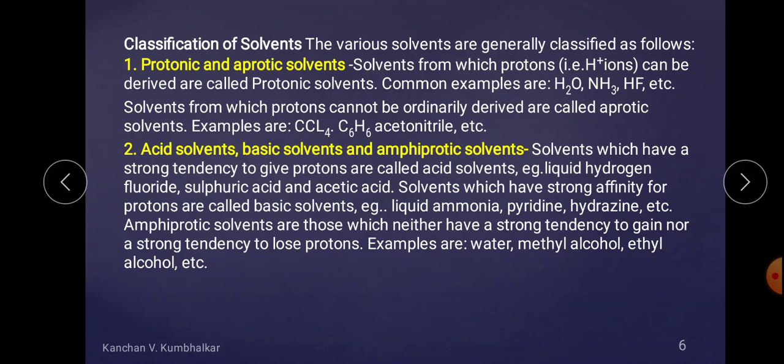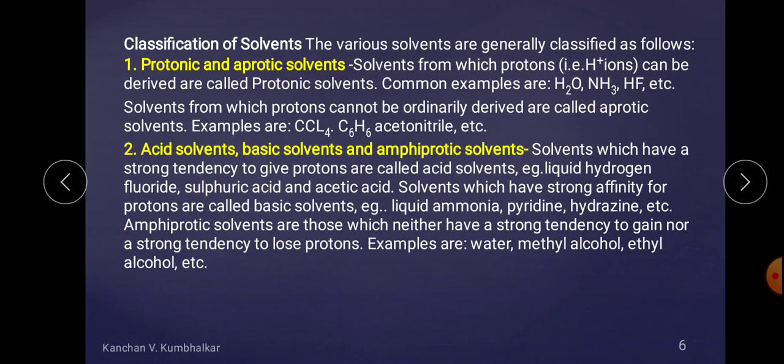The amphiprotic solvents are those which have neither a strong tendency to gain nor a strong tendency to lose a proton. So they have both characters, acidic as well as basic, and that is known as amphiprotic.